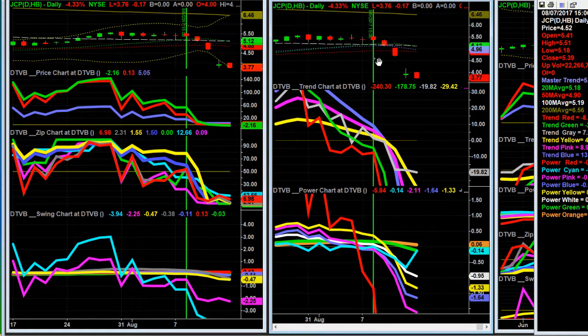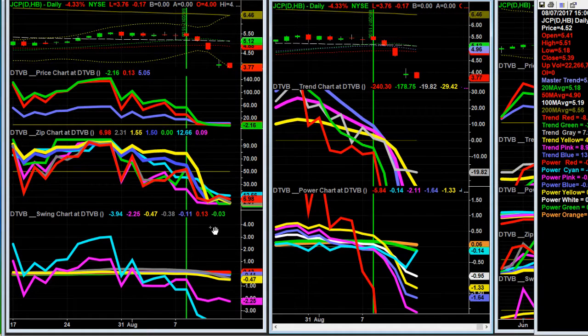So on the vertical green line day, you could have bought or sold short that day, and it would have been a good move. You could have done that based on one big item, and that is power yellow is highest and going down. Zip yellow is highest, and it's kind of running flat, but we just know that it's going to go down. And we know also that it's being held up by the 100 moving average.